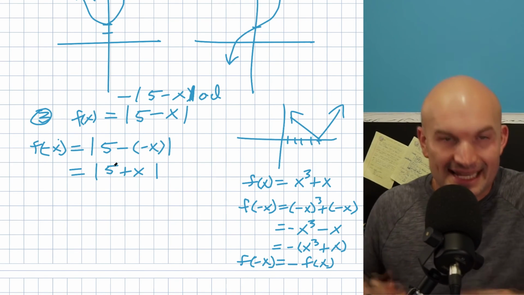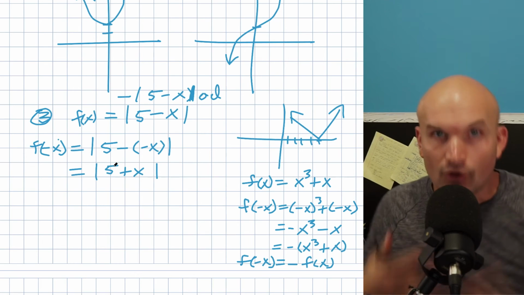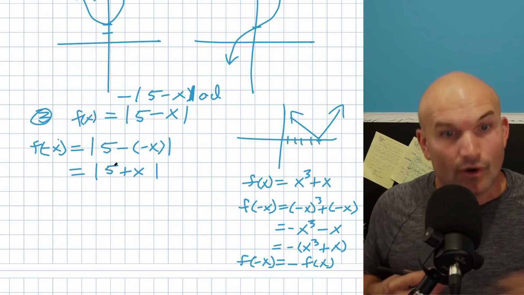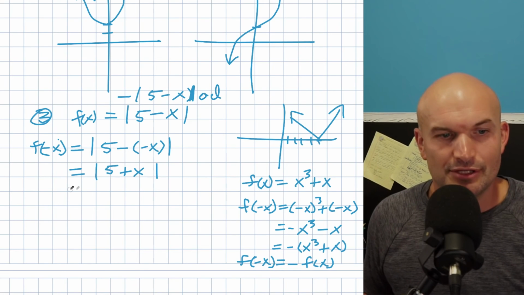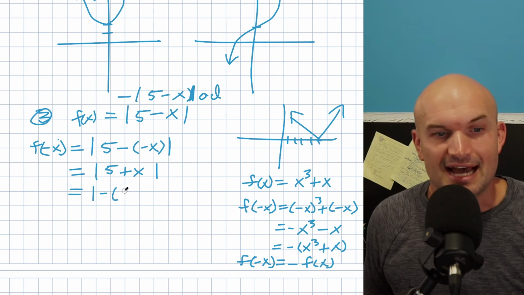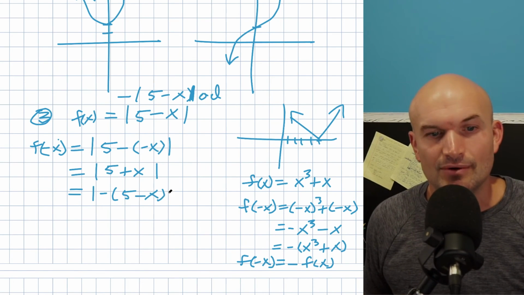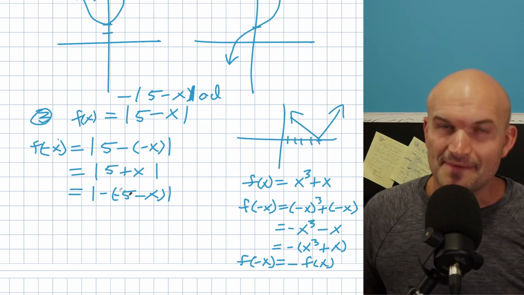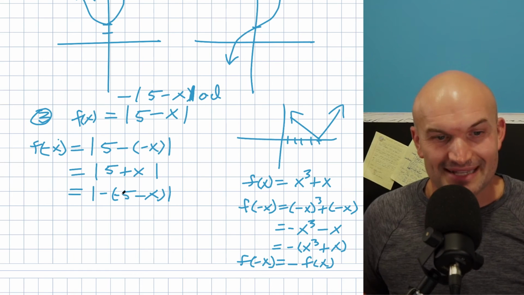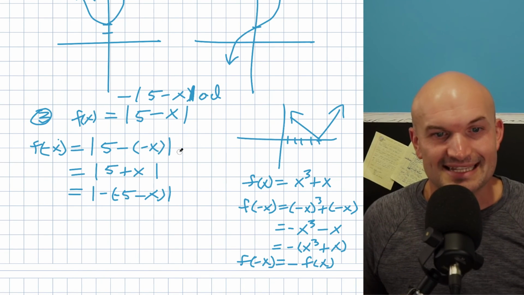I can't do that. You can't take a negative outside of a radical or outside of an absolute value, or really outside of any function. You can't factor that term out. The only thing you could do is factor out a negative inside, but that's not going to give you back your original function, because when you factor out a negative, that's a negative 5. Don't make that mistake. So therefore, this is neither.